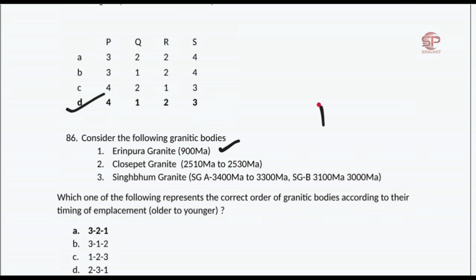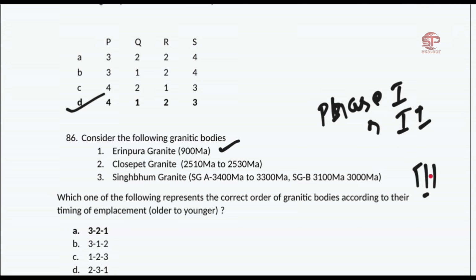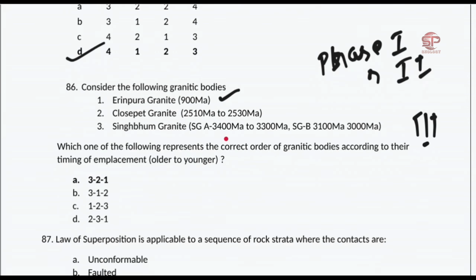SGA consists of phase 1 and phase 2, and SGB consists of phase 3. All are between 3400 million years and 3000 million years. So Singhbhum granite will be the oldest, then Closepet granite, then Erinpura granite. So the answer will be A.